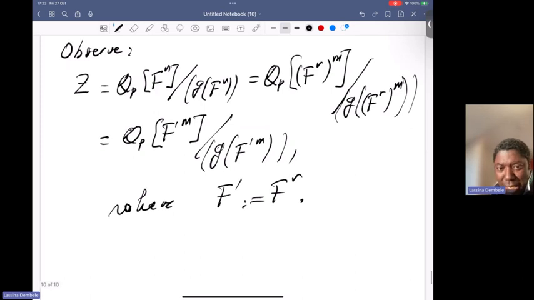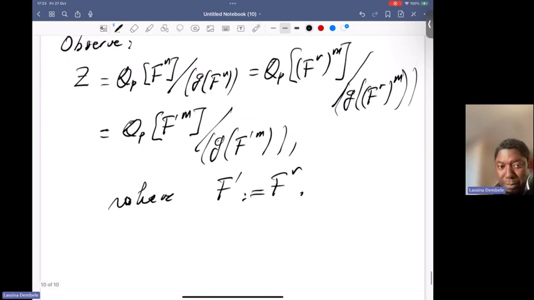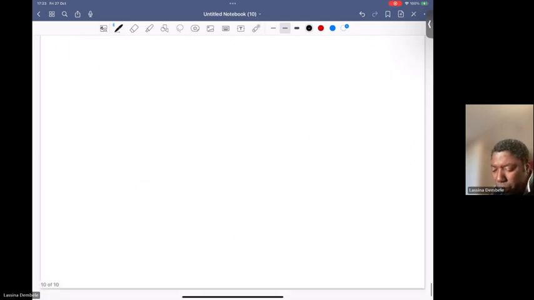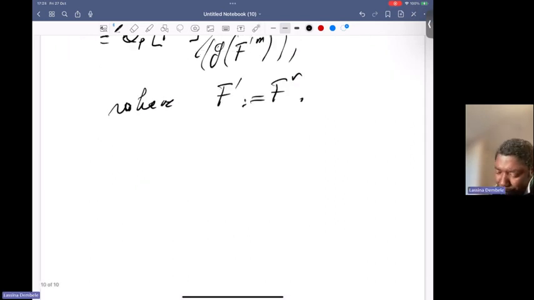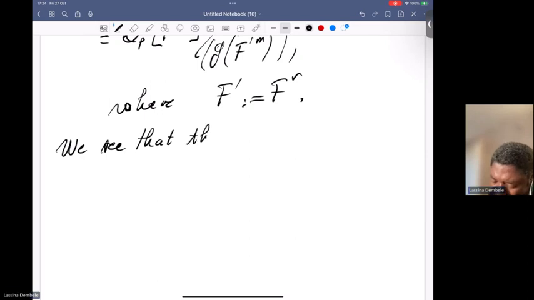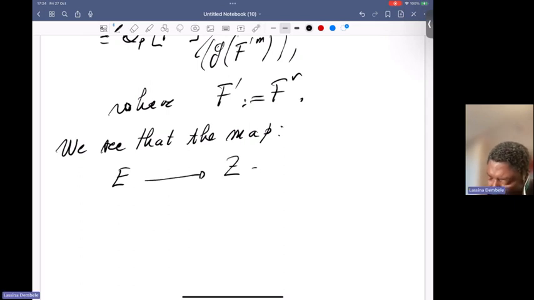And then when we do this, now we see that the map that goes from E to Z, I'm going to repeat, f prime to the m.